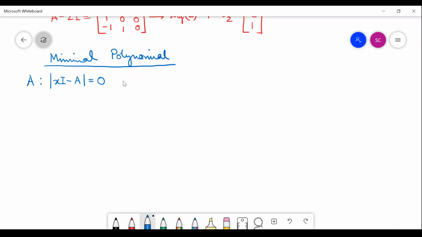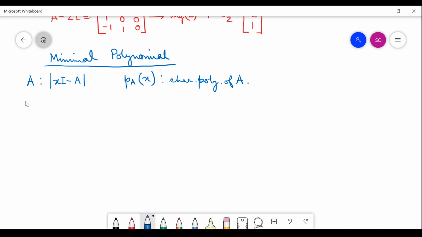So this will be a polynomial in x, and that is called the characteristic polynomial of A. That polynomial is only the determinant, you don't have to make it equal to 0. The determinant of xI minus A will be a polynomial, and that is the characteristic polynomial of A.